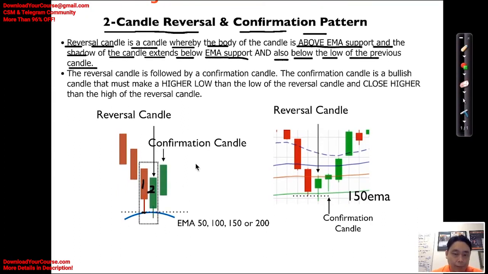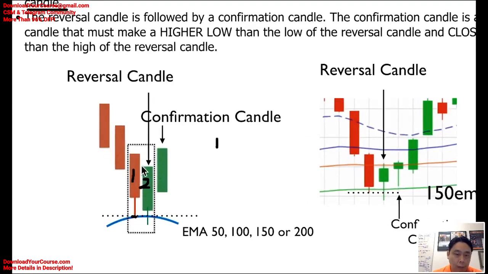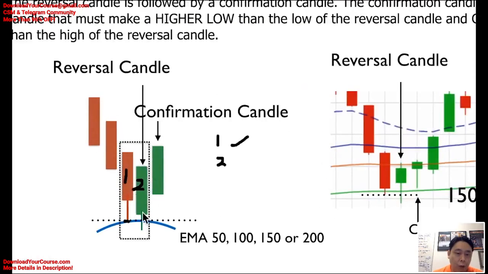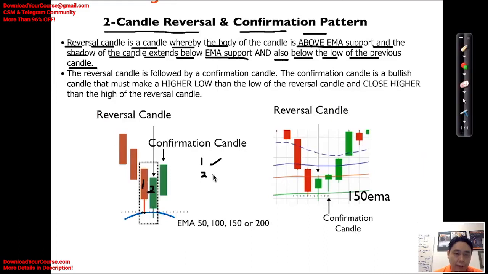There are altogether 3 things that must happen for this to be a valid 2-candle reversal pattern. Number 1, the body of the reversal candle must be above the moving average. Check. Number 2, the lower shadow of the reversal candle must cut below the moving average.